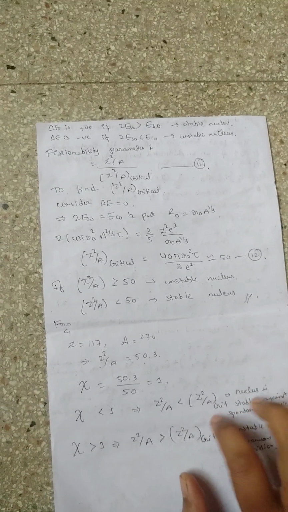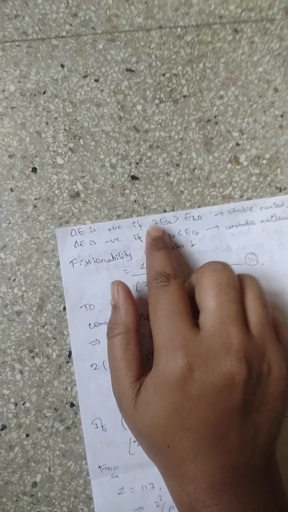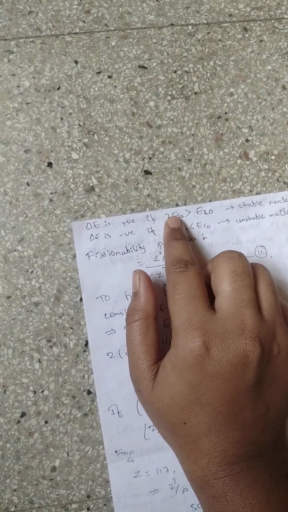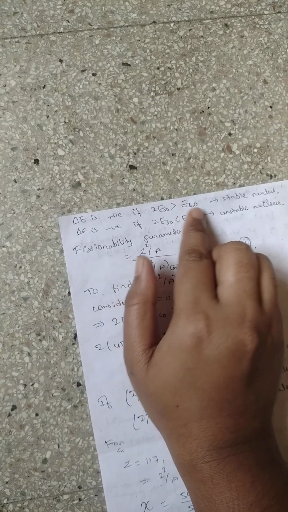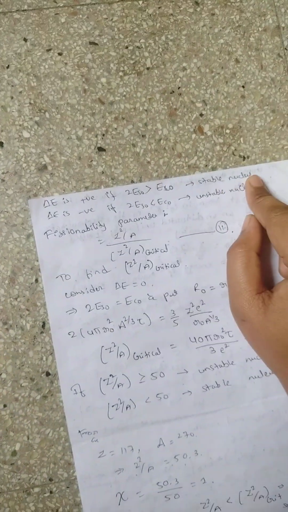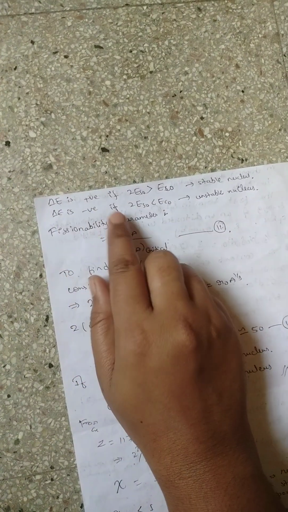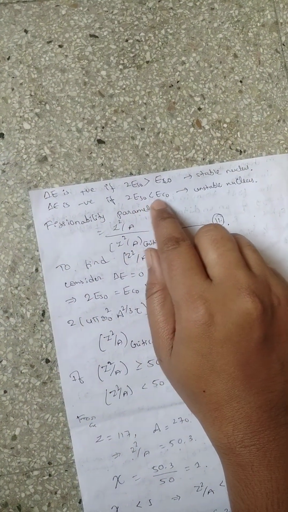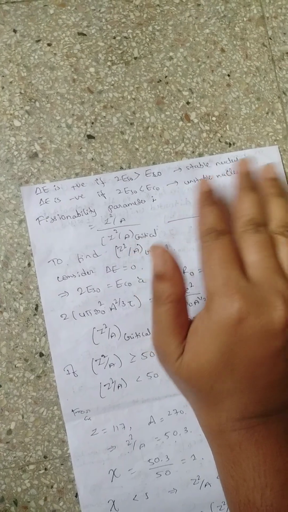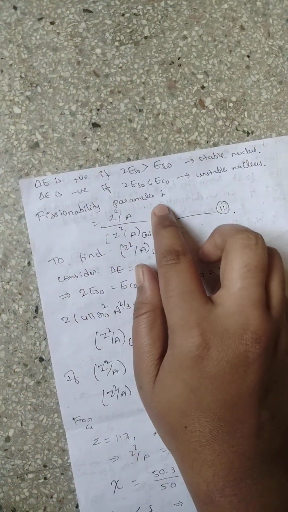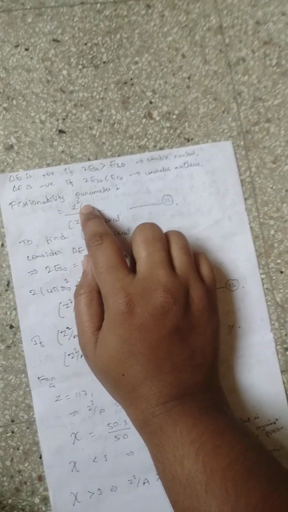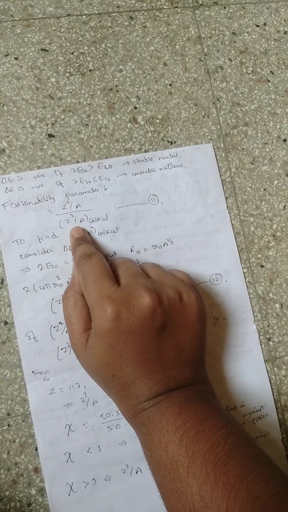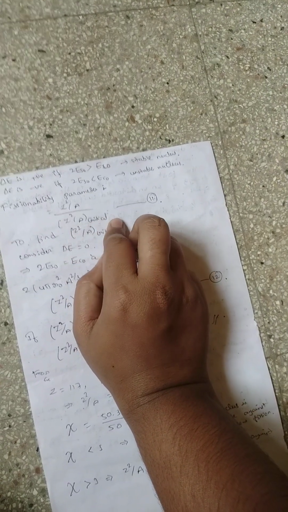Now we have to find the feasibility parameter. Delta E is positive if 2 into E of S naught is greater than E of C naught, which is stable, and delta E is negative if 2 E of S naught is less than E of C naught, which is unstable. For the feasibility parameter we have the formula Z square by A whole divided by Z square by A of critical.